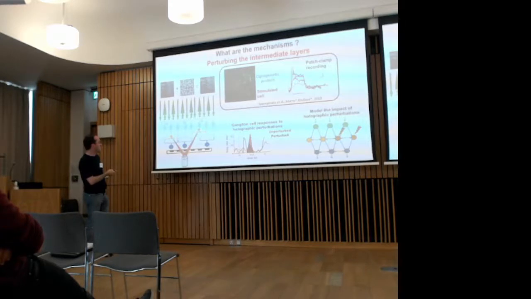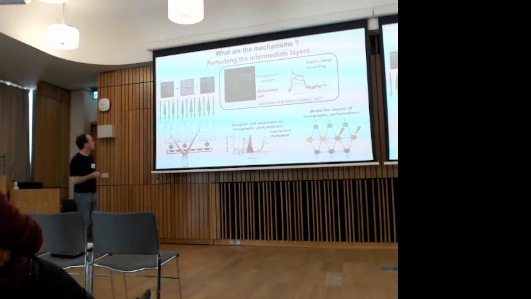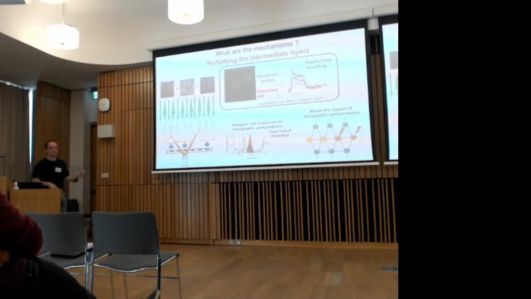Then we can optically perturb these cells while we are doing visual stimulation and recordings. We tested that this works, and we can see the impact of the perturbation on ganglion cells. I'm looking forward to using that kind of tool to see who is doing what, especially during natural stimulus processing. That's the teaser.